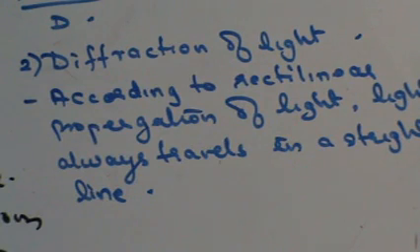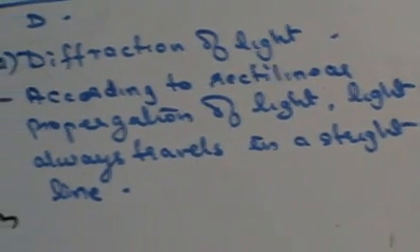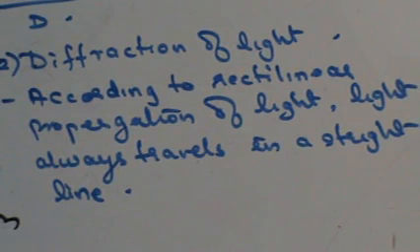But careful observation has shown that light has a tendency to bend round the corners of small obstacles or near slits in their path. Ideally, light should be traveling in a straight line, but if there's a small slit, the light instead of traveling in a straight line would bend.